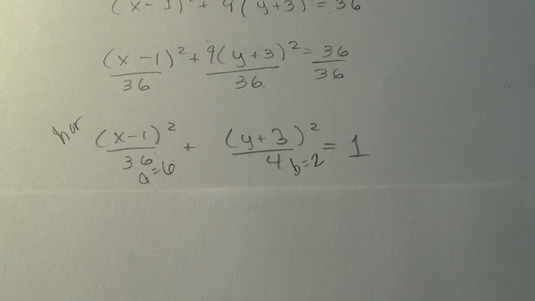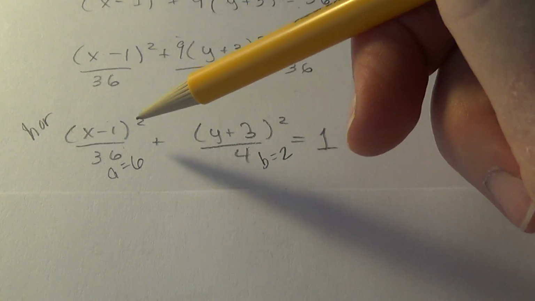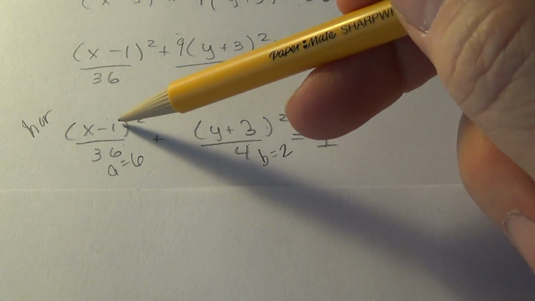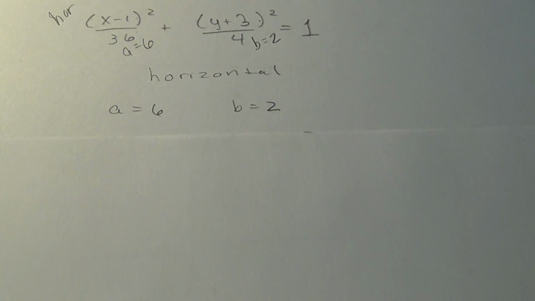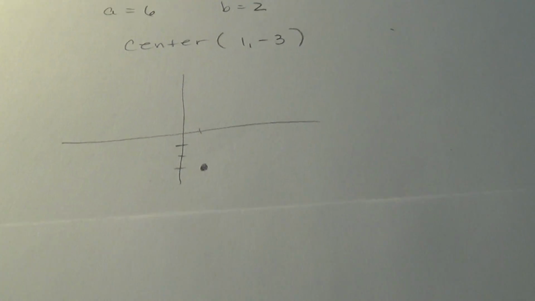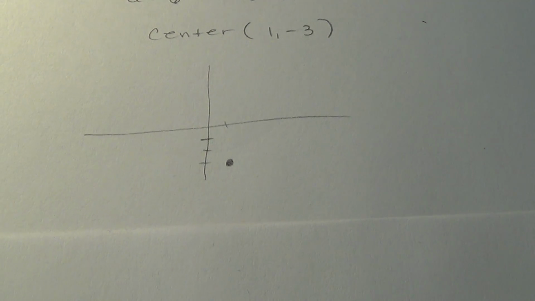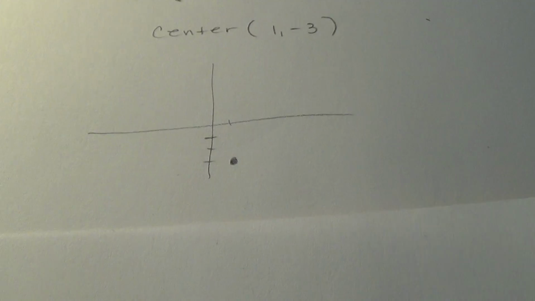All right. So go ahead and ready for graphing. The center is opposite, 1, -3. I went ahead and already put it on, 1, -3. Now we are going to take the a term.